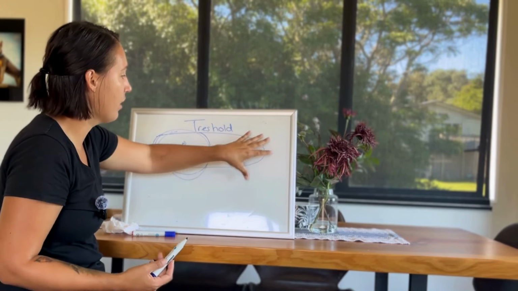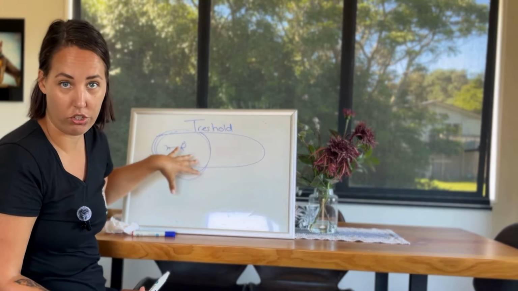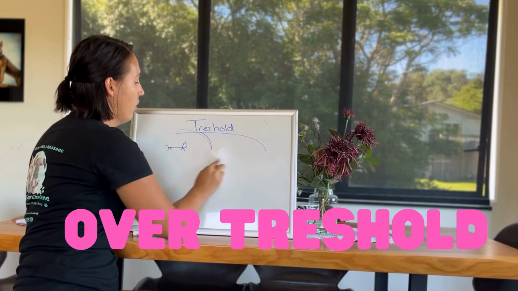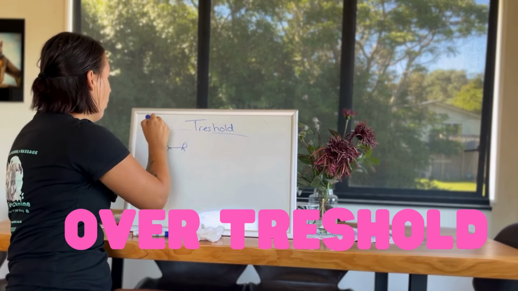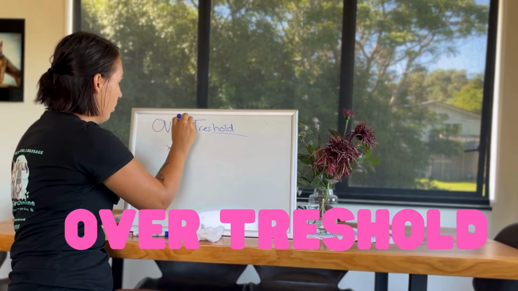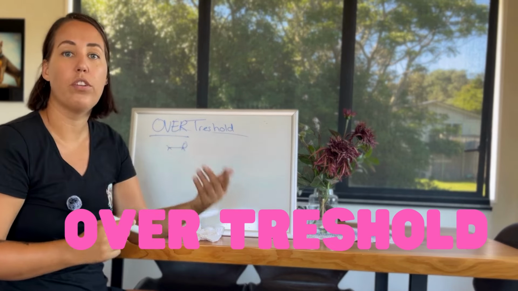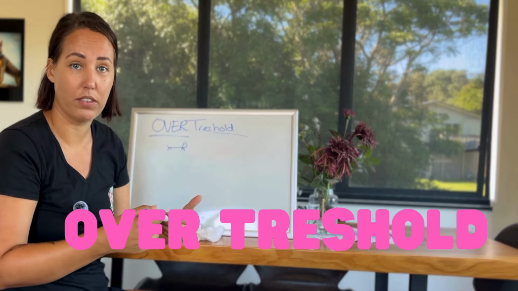Now for reactive dogs, we want to lower the thresholds. When a dog training video talks about over threshold, it means you went too far. You went into the dog's bubble space.